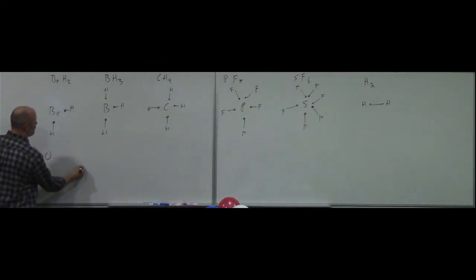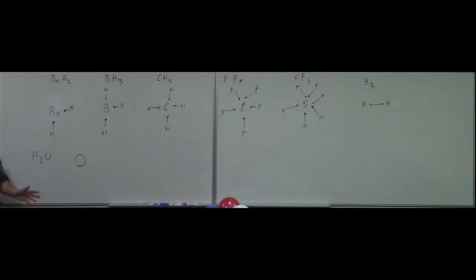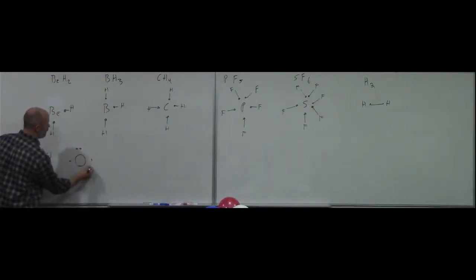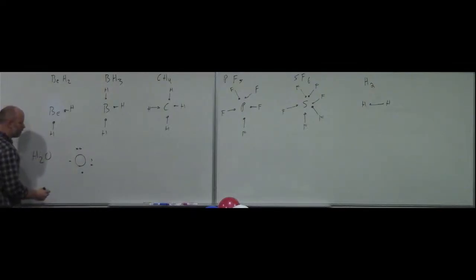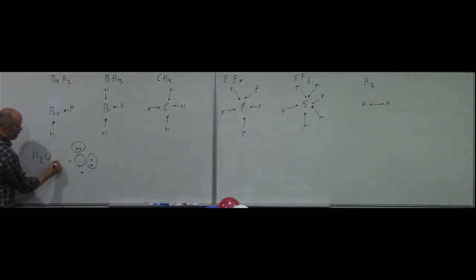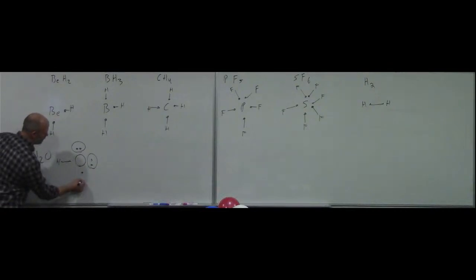So I've got oxygen, right? How many electrons total? 8. 8. 6 in its valence. I go 1, 2, 3, 4, 5, 6. So these are pairs of unbonded electrons. I'm going to form a bond here, and I'm going to form a bond here.